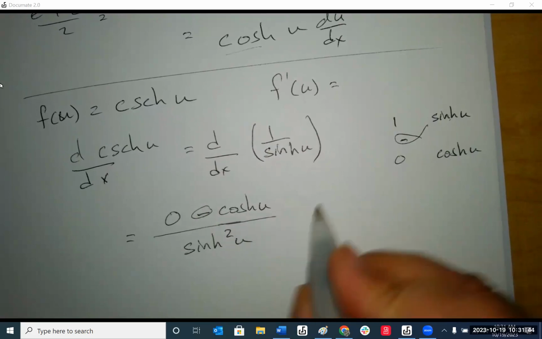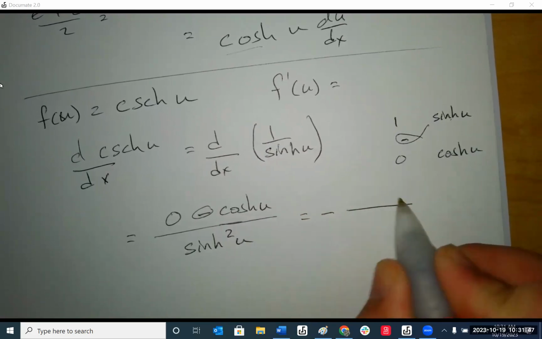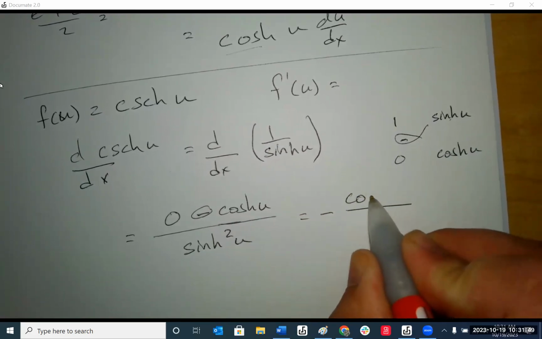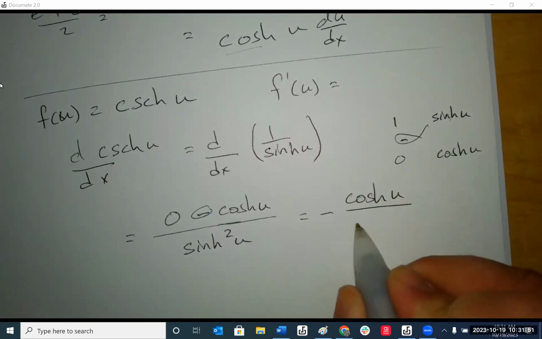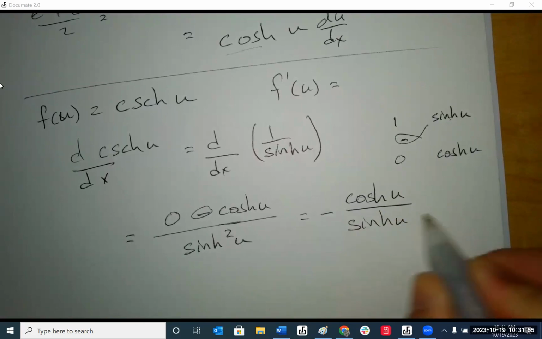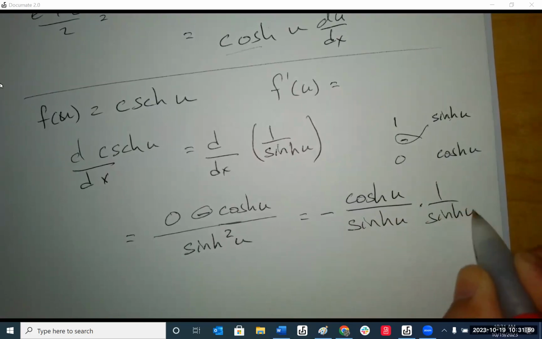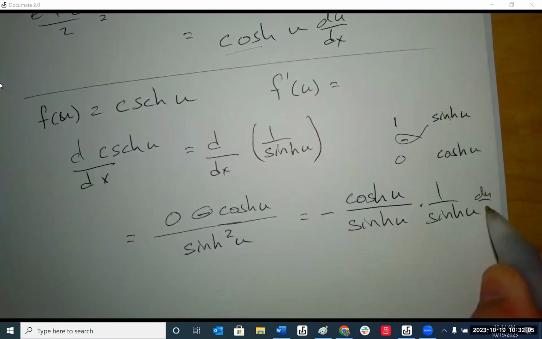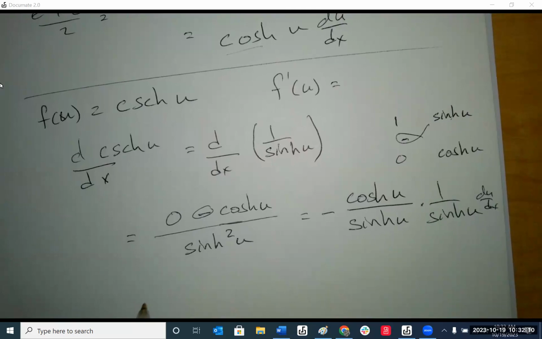So we know the function is going to be negative. So we have cosh of u over sinh of u times 1 over sinh of u, times du/dx. Those are all with respect to u.